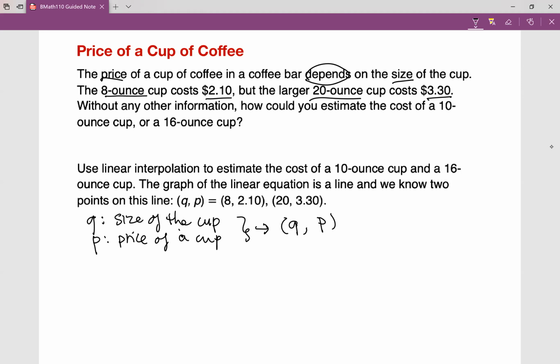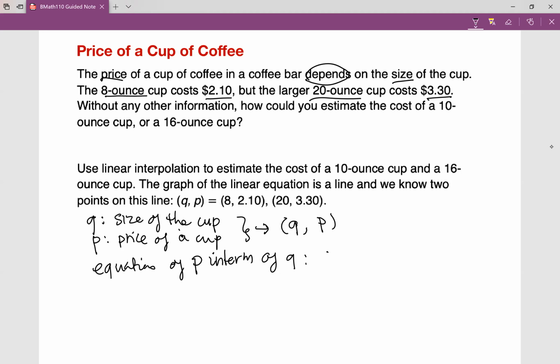And in order to find the equation of P in terms of Q, because remember that we're gonna find the equation of P because P is the dependent variable.